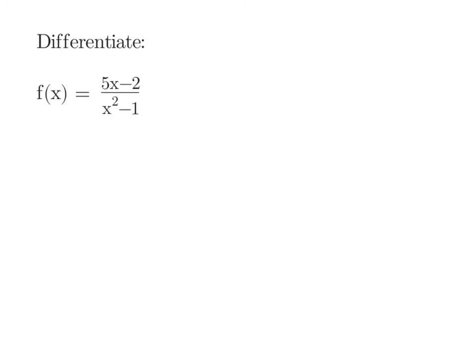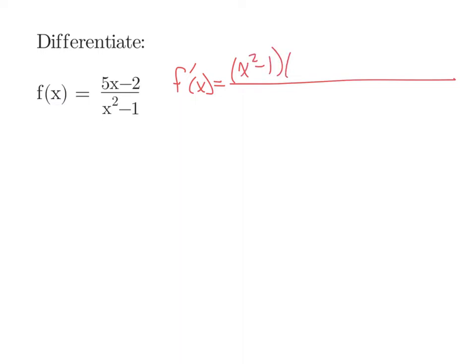All right, so let's get some practice using the quotient rule. Find the derivative of f of x equals 5x minus 2 over x squared minus 1. So when we find the derivative, we're going to go low d high minus high d low over the square of what's below. So my low is the x squared minus 1.